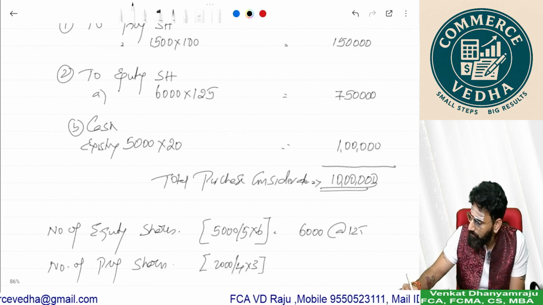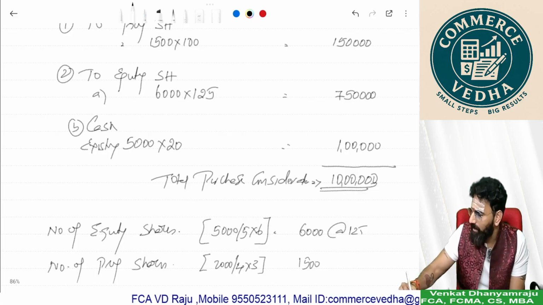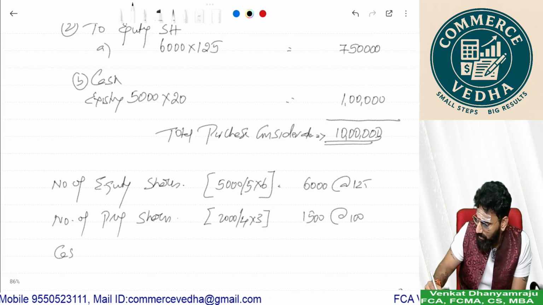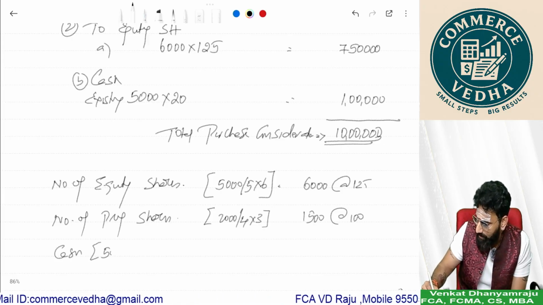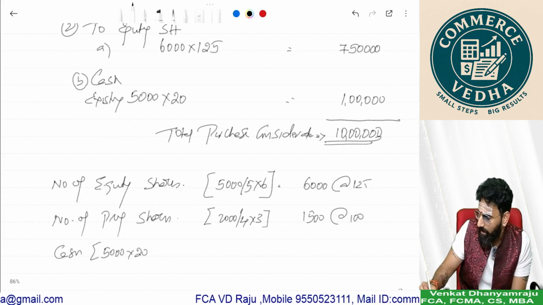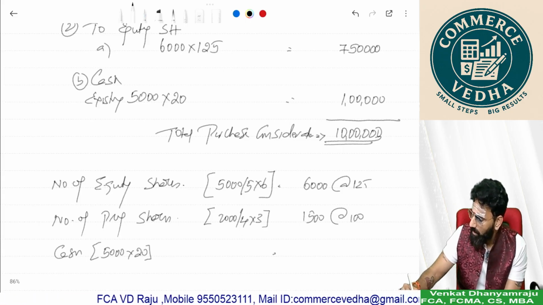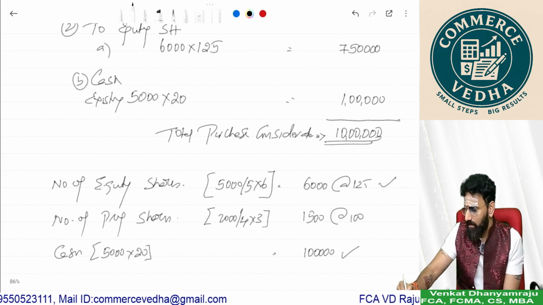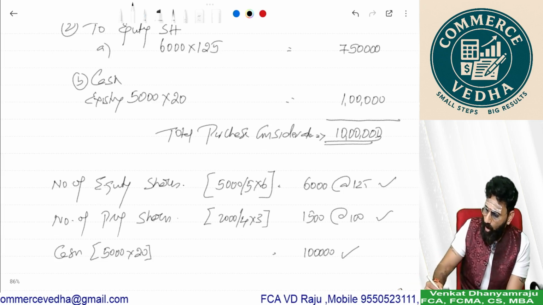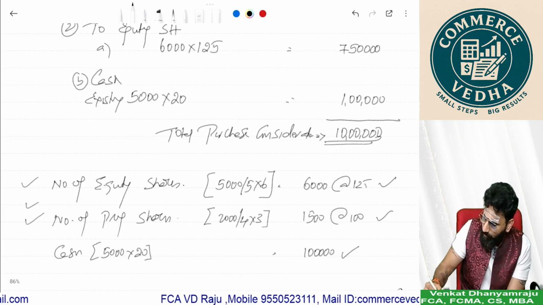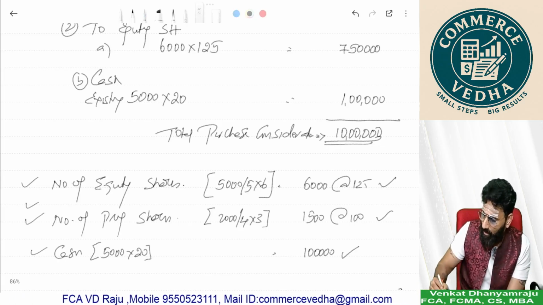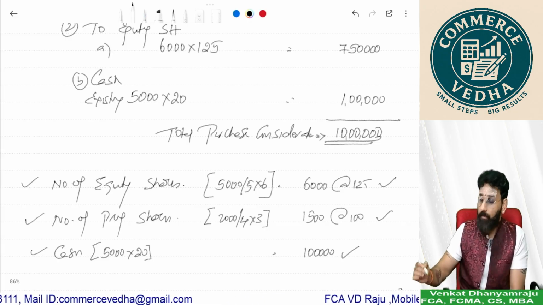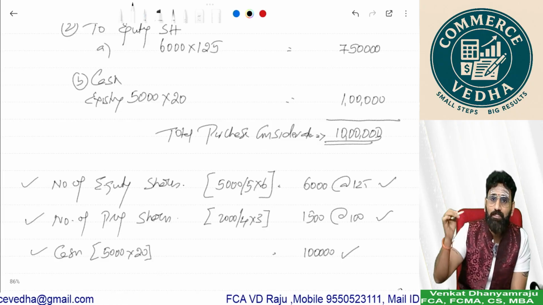That is 1,500, and the price is given, and cash to equity is existing shares into 20. So 1 lakh is given. This is clear, this is clear, this is clear. All the types of payments were clear. No need to identify anything which is missing. That means it is the net payments method.